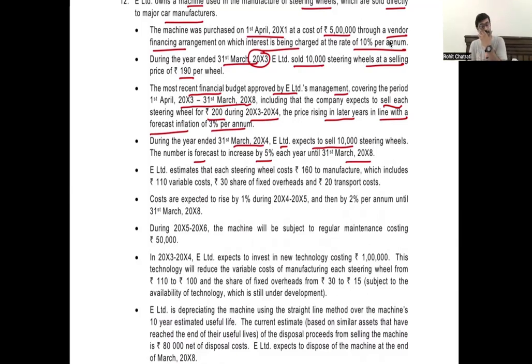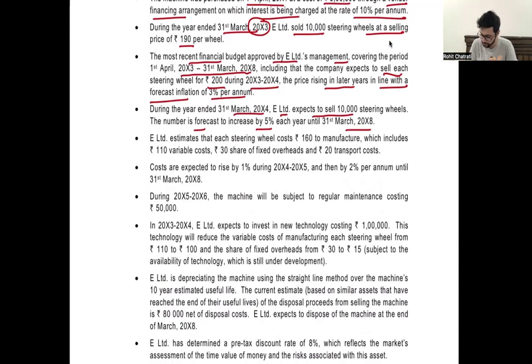In the year 14-15, it is expected to rise by 5%, which means I expect to sell 10,500 units. That number will keep increasing by 5% until 2018. So in the year after that, it's going to be 10,500 into 1.05.